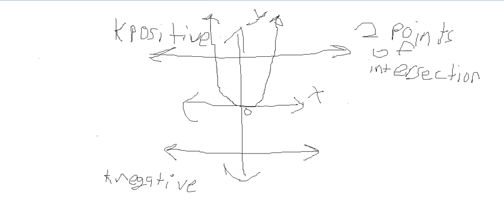So when k is positive and it just touches the x-axis and goes back up, it has 2 points of intersection. When k is negative down here and n is even, there are none.